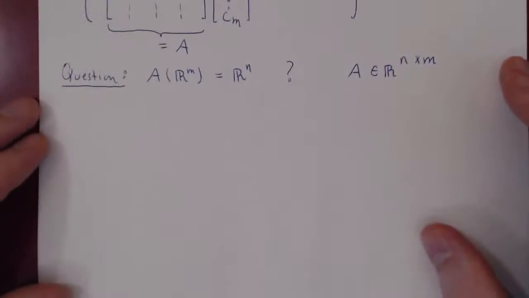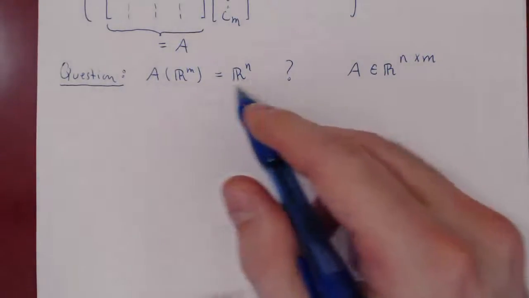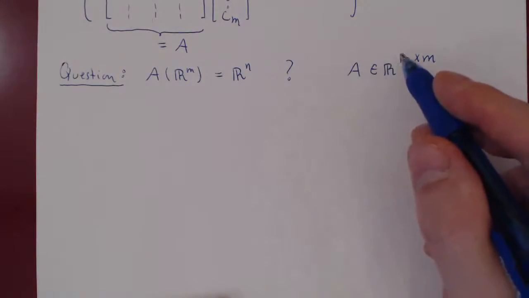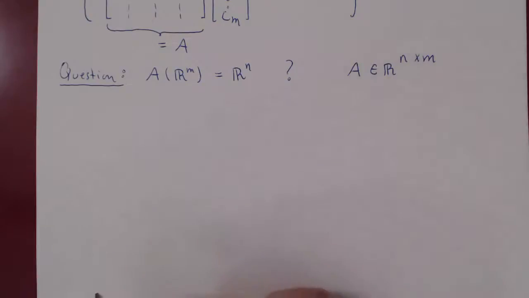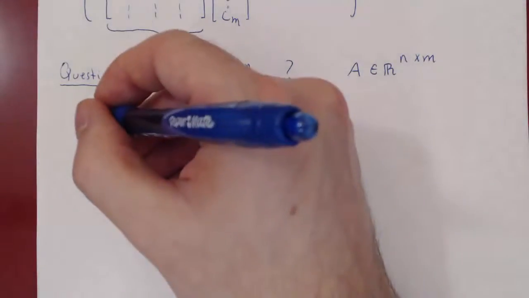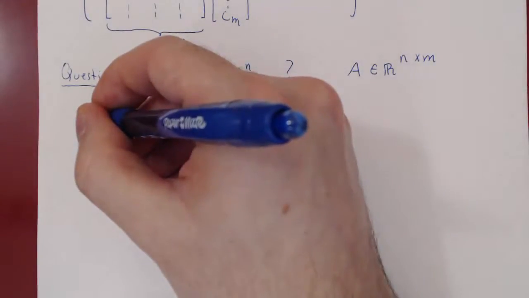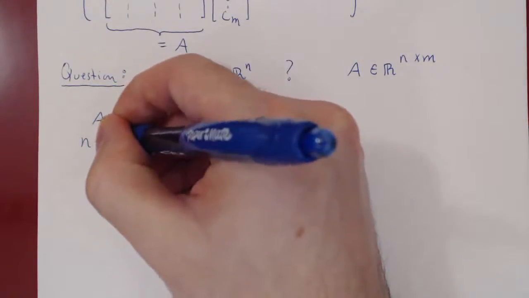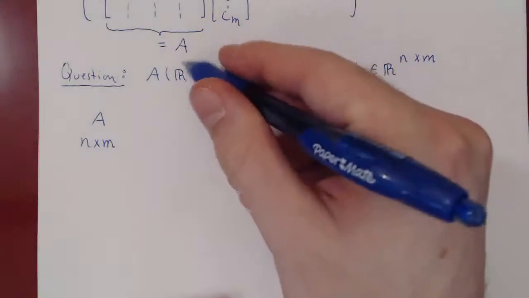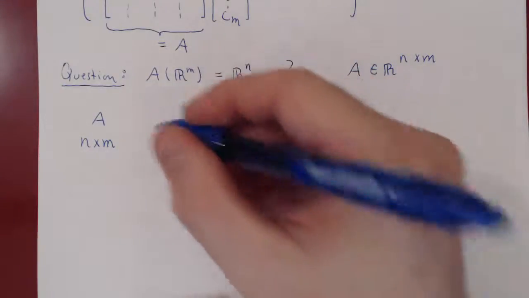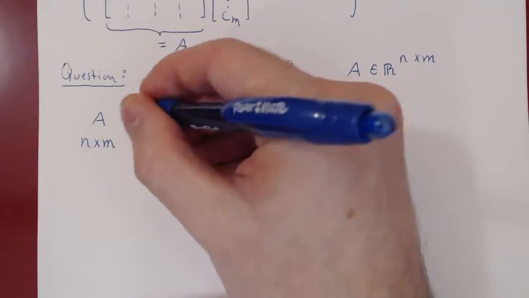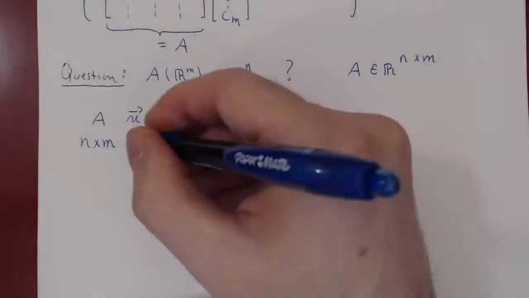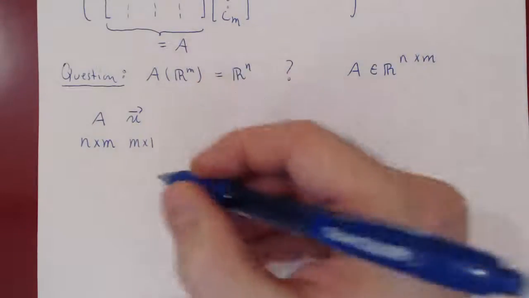And now we can view, and this is again just rewording this equality, A is an n by m matrix. So think of it. If you multiply a vector in Rm, say vector u, well, Rm is a set of m by 1 matrices, right? M entries but 1 column.